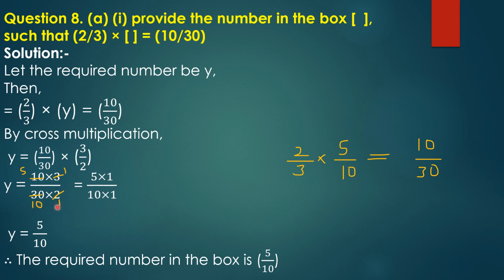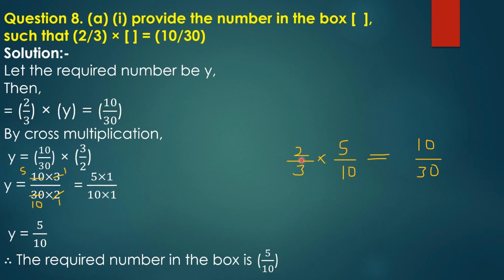So what is the next step? 2 ones are 2, 5 twos are 10 and 3 ones are 3, 3 tens are 30. So what is remaining? 5 into 1 divided by 10 into 1, which is nothing but 5 by 10. Therefore, y is equal to 5 divided by 10. So, therefore, the required number in the box, the blank, is 5 by 10.